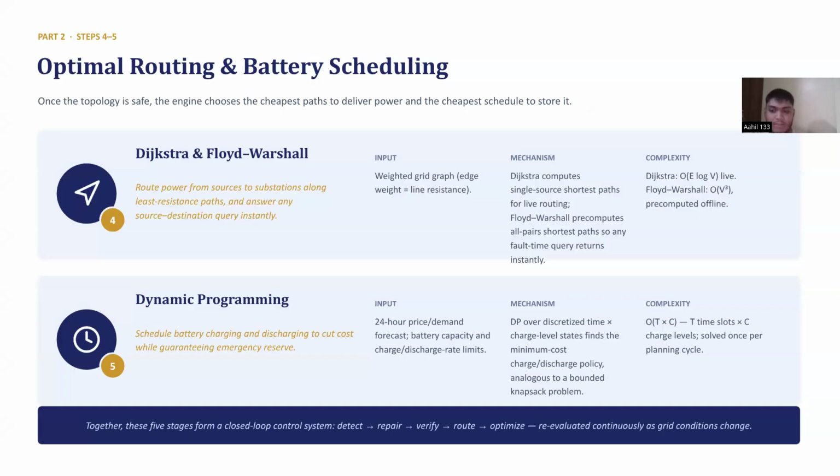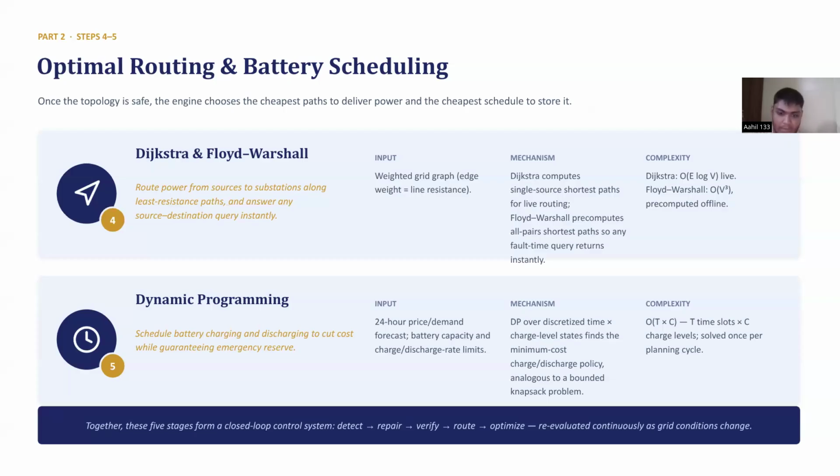Now, step 5 is dynamic programming, whose role is mainly to schedule battery charging and discharging to cut cost while guaranteeing emergency reserve. The input is the 24-hour price and demand forecast.